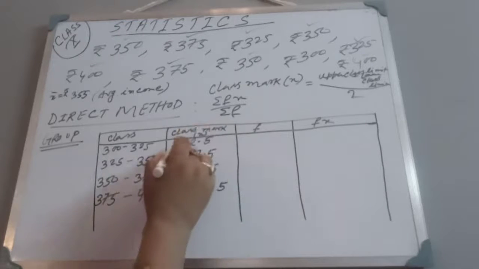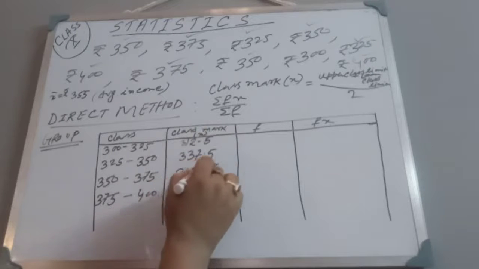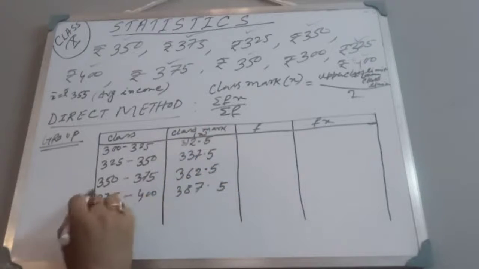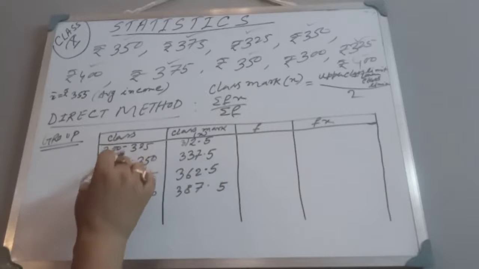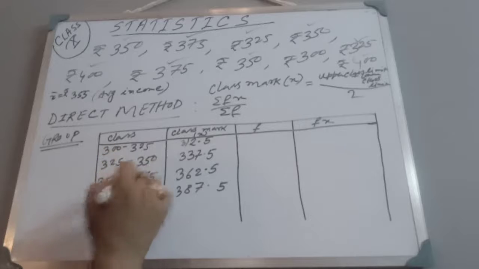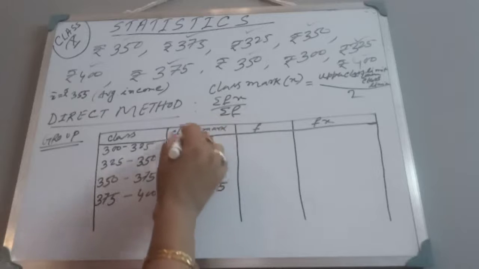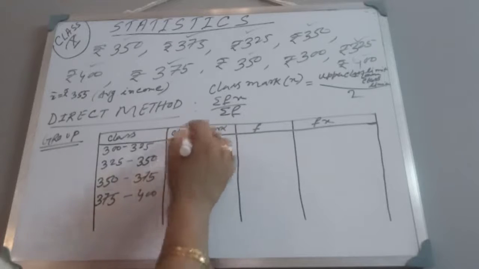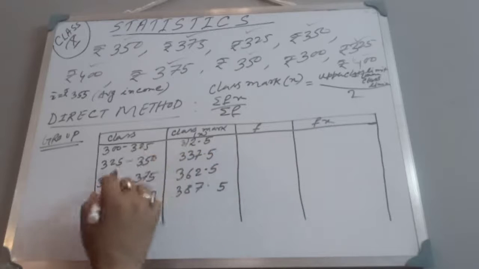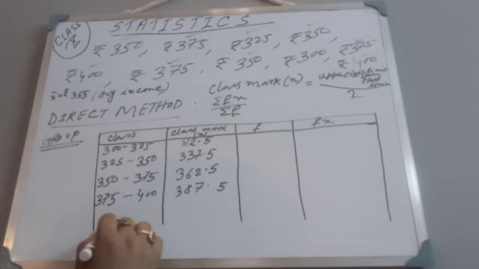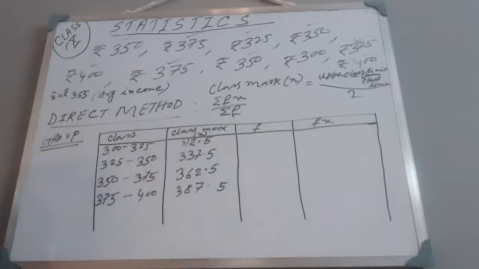So we have 312.5, 337.5, 362.5, 387.5. Also, since the class size is 25, we can find the first one, 312.5, and then add the class size: 312.5 plus 25 gives 337.5, again plus 25 gives 362.5, and again plus 25 gives the last one. In this way we can also find the class marks.